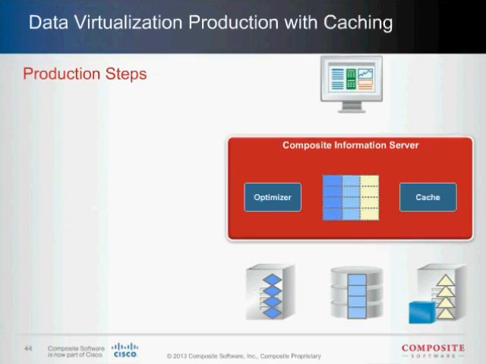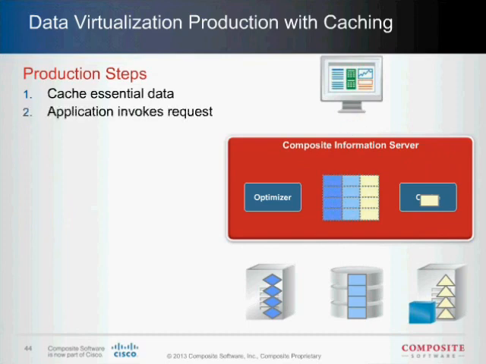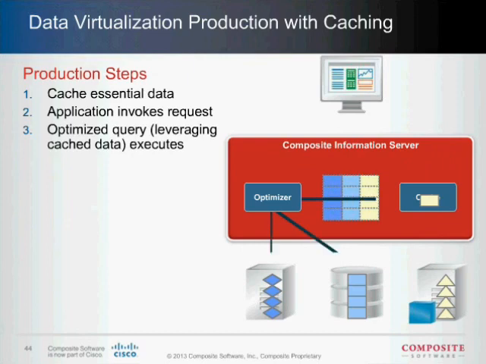Now, there are times when doing that kind of data integration on the fly just isn't going to make sense. And so there's another part of data virtualization, a caching infrastructure that allows you to pre-stage data. In the caching infrastructure, some of the data is pre-materialized into a cache, and then at runtime, when the application makes a query, that query gets sent to the optimizer, and the optimizer realizes that some of the data is in the cache and can pull that data from the cache instead of from the original source.